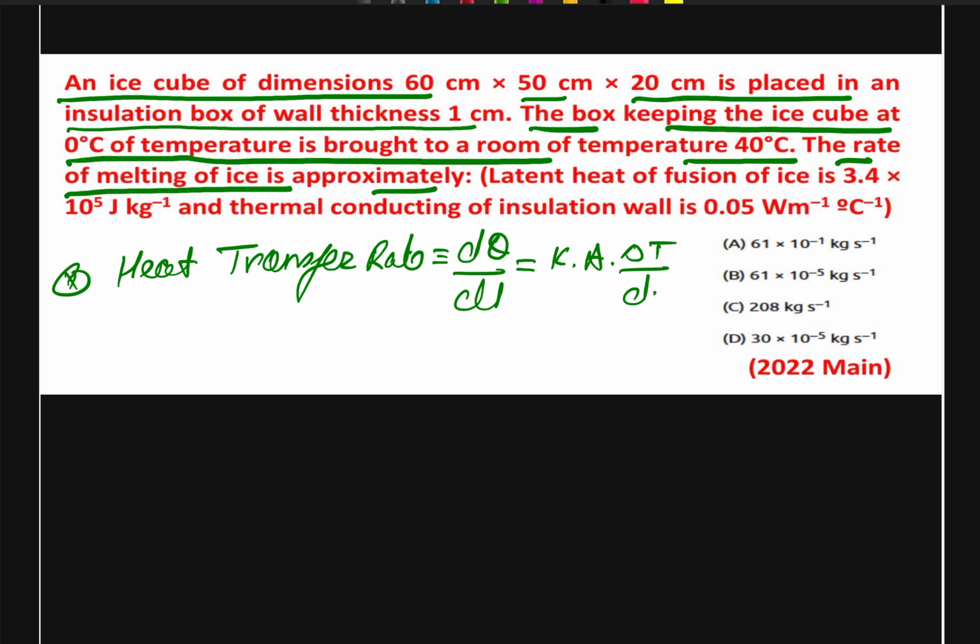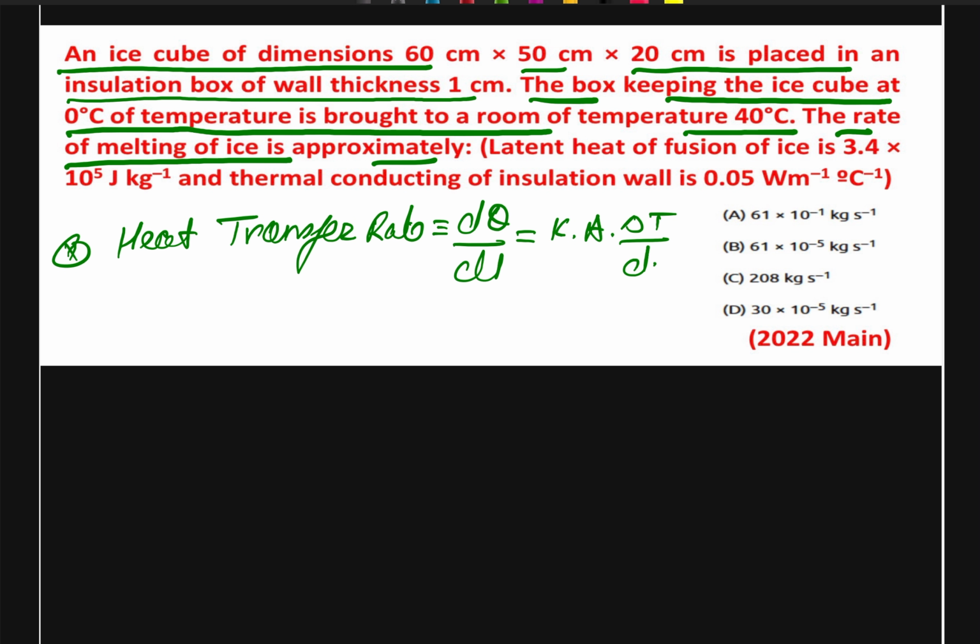A here is our surface area. So we can say our A is equal to, in this case, the surface area of the cube, and that is equal to 2 into length times breadth plus breadth times height and length times height.